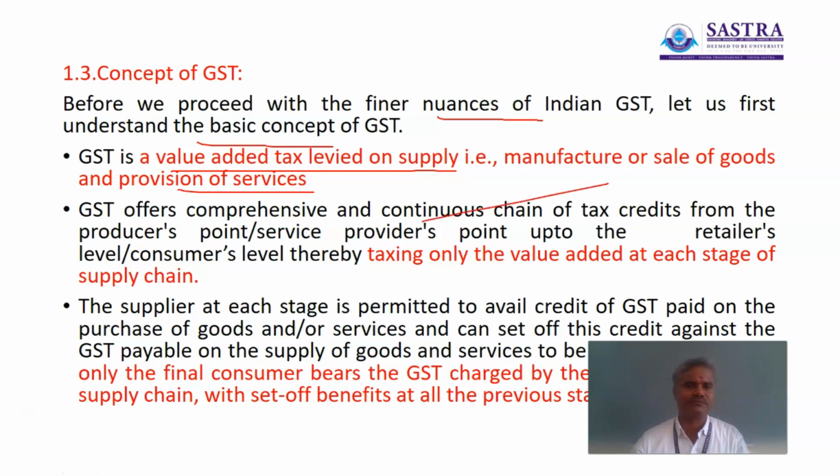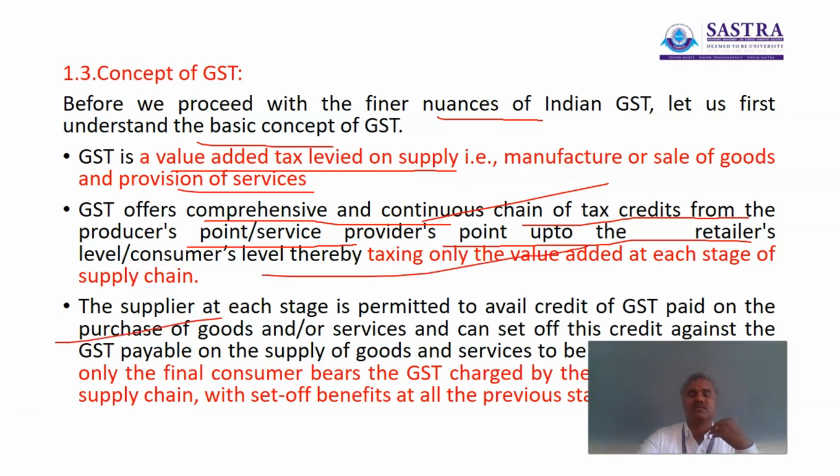GST offers a comprehensive and continuous chain of tax credit from the producer and service provider point up to the retailer level and consumer level. Already I told you this is a chain-based tax. This tax system starts with the manufacturer and ends with the consumer.